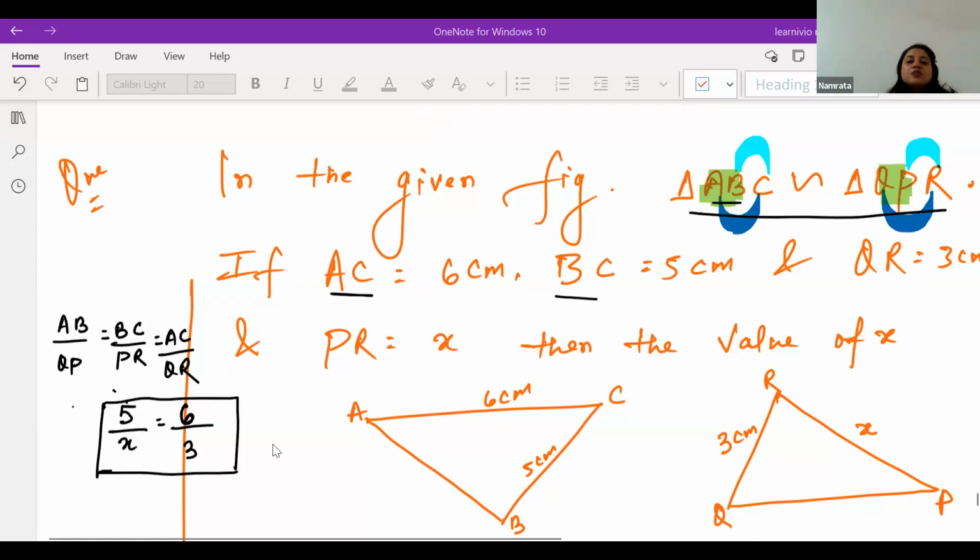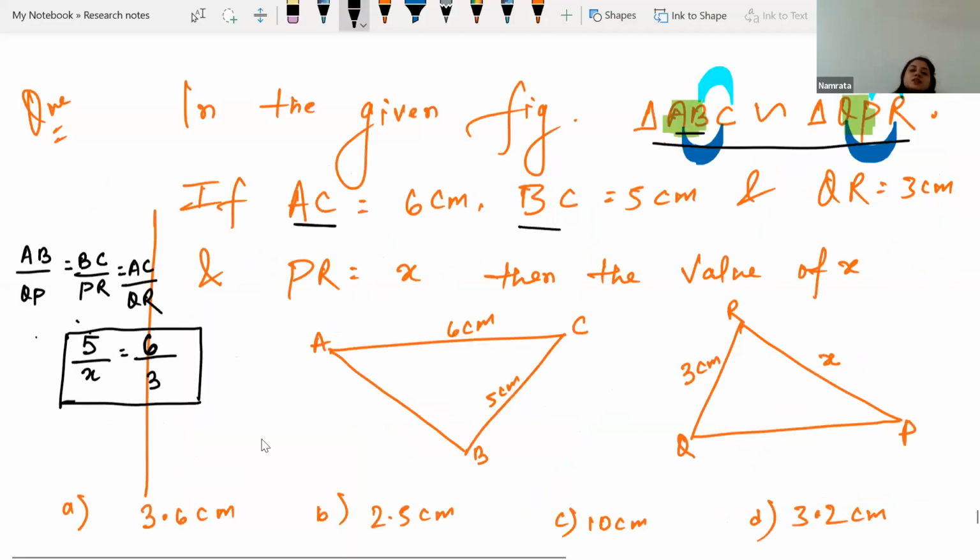Is it clear how we are taking the ratio between the sides? Always you will have this problem of how to write it in proportion. So please write the name properly. That will only help you to write the sides in proportion with each other.